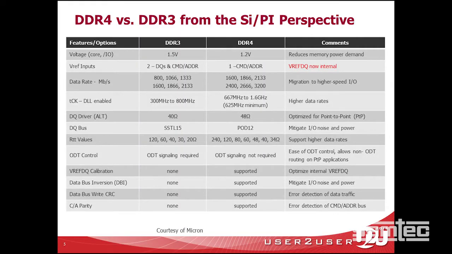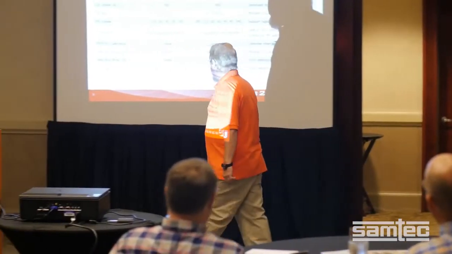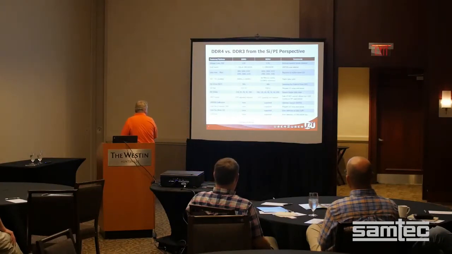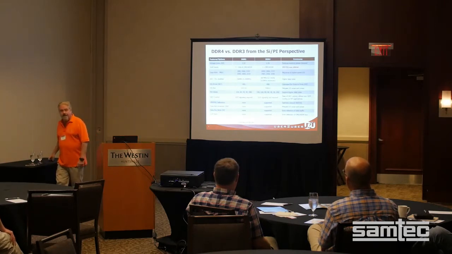Look, they've got parity and CRC back again after all these years of dumping it, which is kind of nice. A lot of our customers do like that. So it's error detection on the command address bus, and the CRC is on the data. So you do have them both covered. Do you use any of those things? Is CRC important?